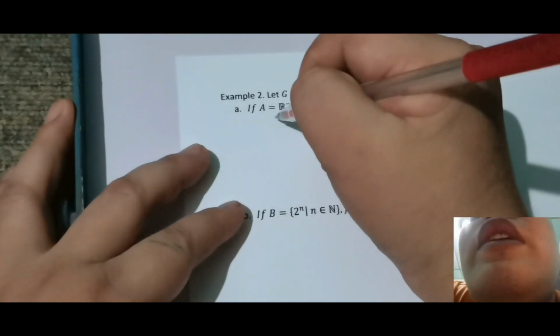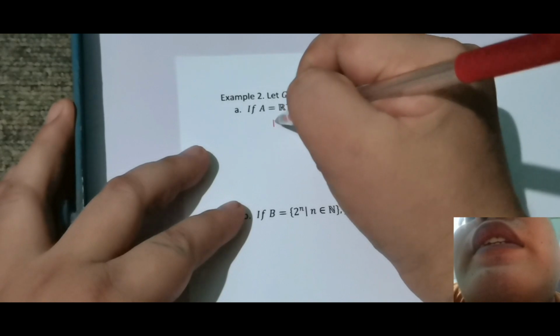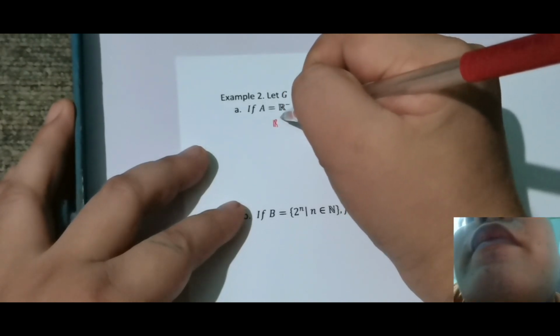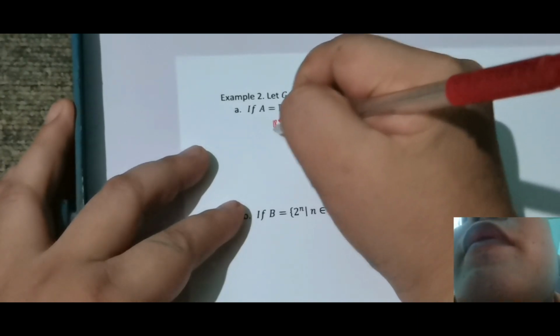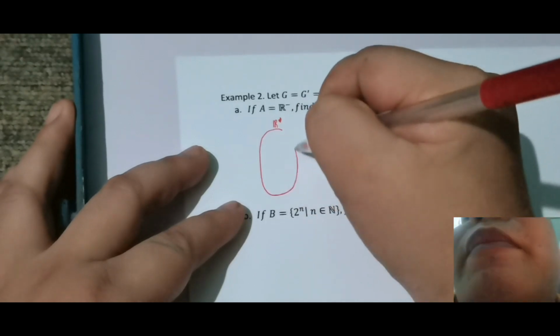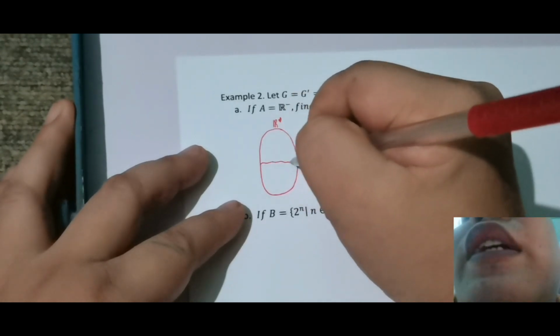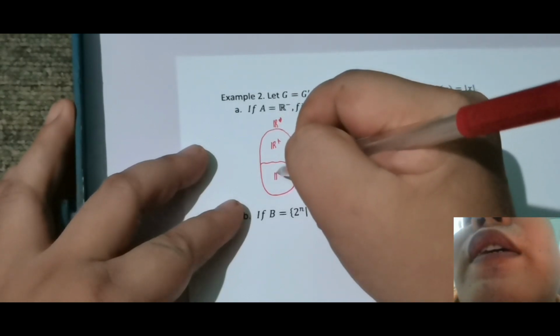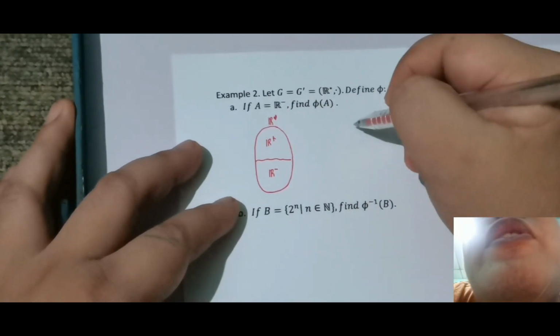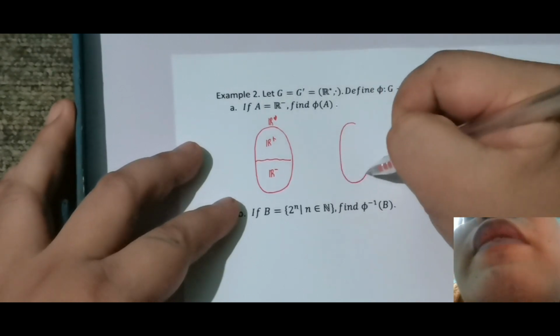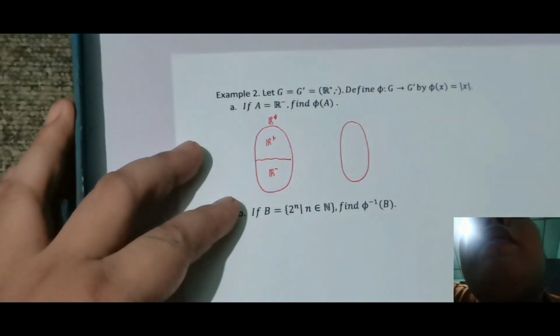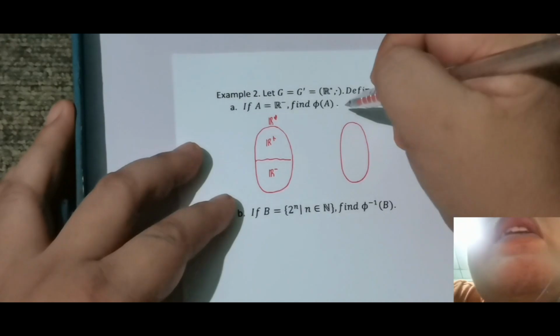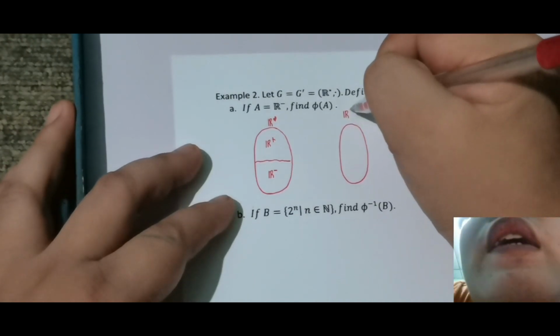So, again, re-imagination na lang ulit, no? So, assuming na ito yung ating R asterisk. So, may dalawang klase laman si R asterisk. So, assuming hatiin natin. So, ito si R plus. Ito si R negative. Next, pagpasok sa kanya ng P function, syempre siya pa rin naman siya, R asterisk.